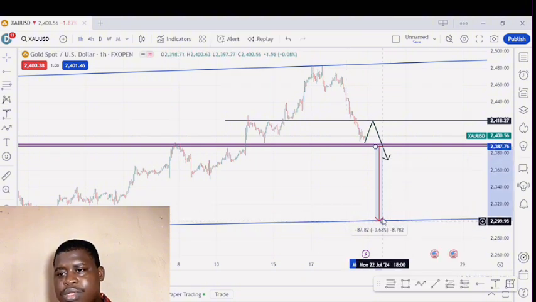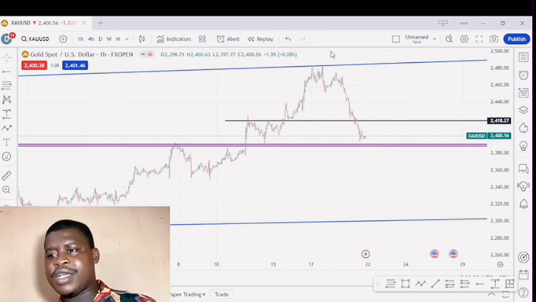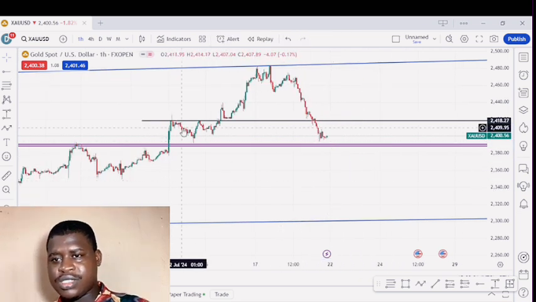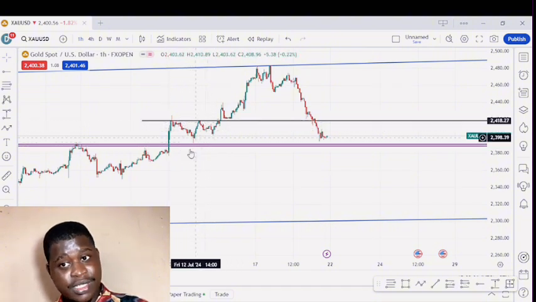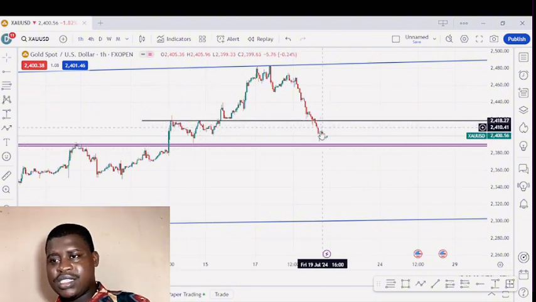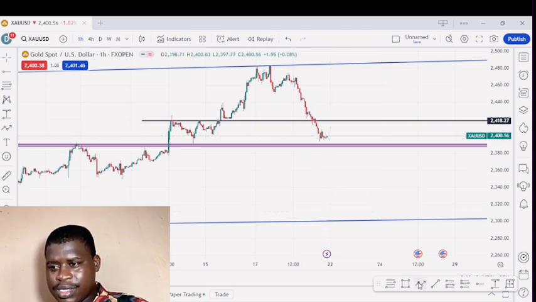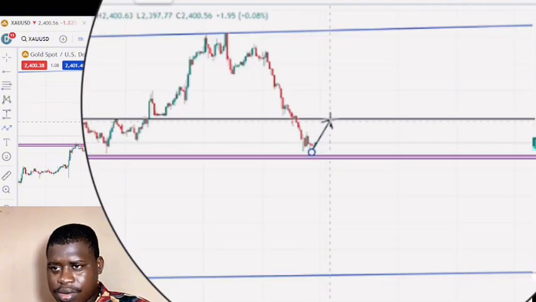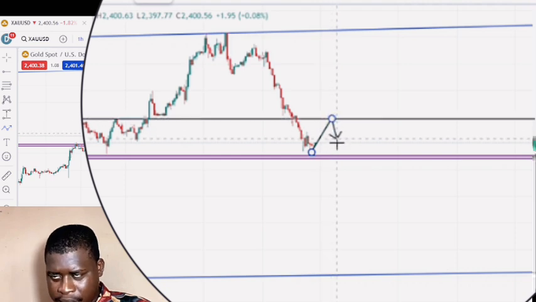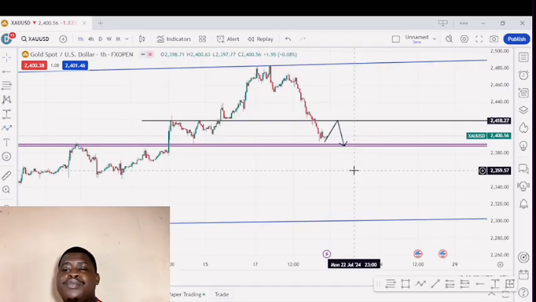So now let me give you a tip of how price action works. See this range? This was a range, right, and this price is trapped in here. If it comes here, it will definitely come back here because it's called a cap.